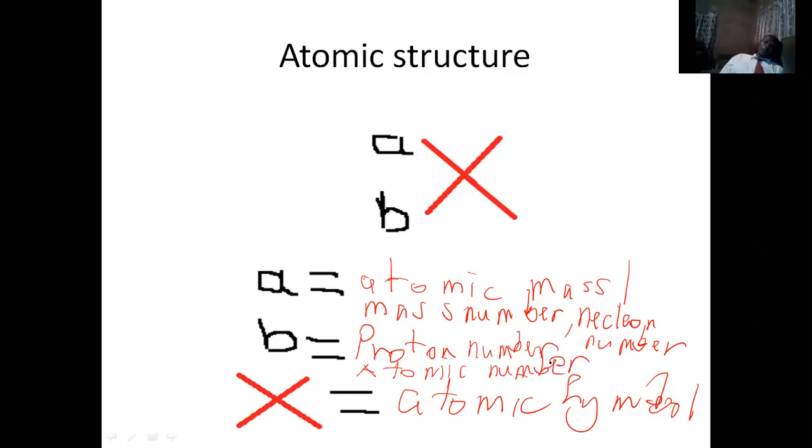Okay, so this is the atomic mass, and this is the proton number.